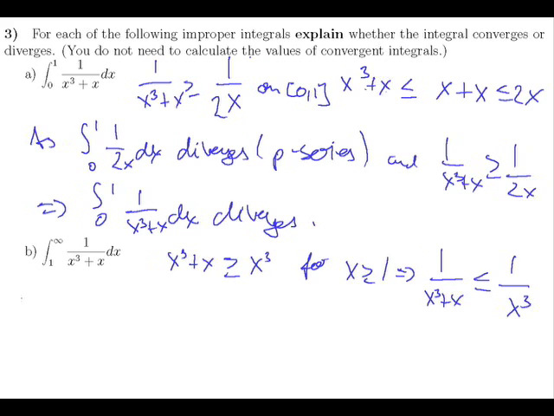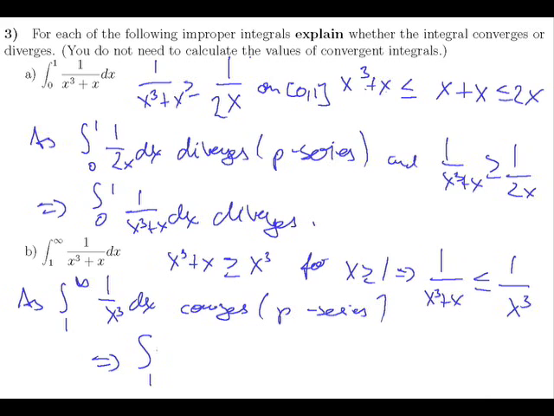Well, so we have the integral from 1 to infinity of 1 over x cubed dx. This converges because it is a p-series. I can conclude that the integral from 1 to infinity of 1 over x cubed plus x also converges. And we've shown that this integral converges.